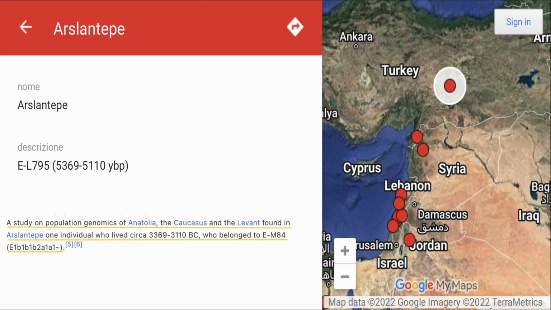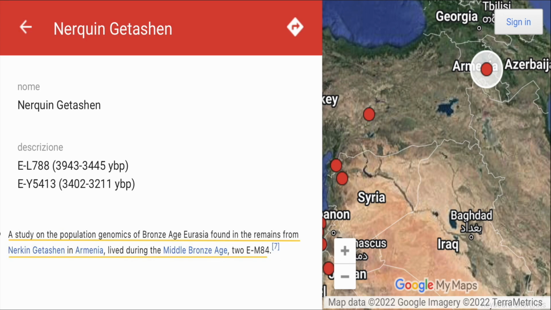The same study found in Aristalep one individual who lived circa 3369 through 3110 BC who belonged to E-M84. A study on the population genomics of Bronze Age Eurasia found remains from Nurken-Kitashan in Armenia, from the Middle Bronze Age, belonging to E-M84.